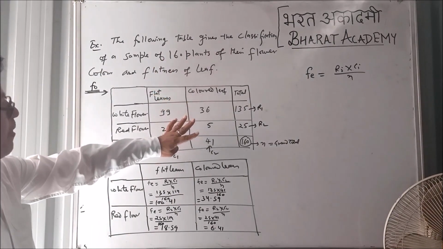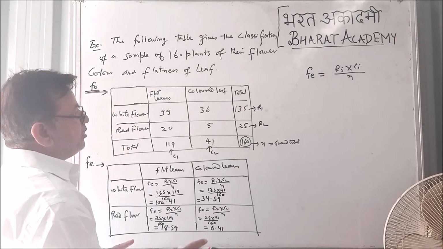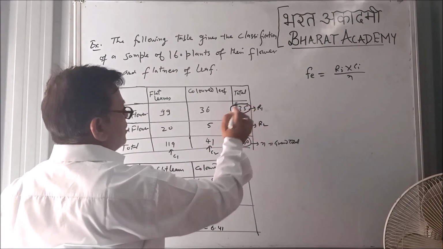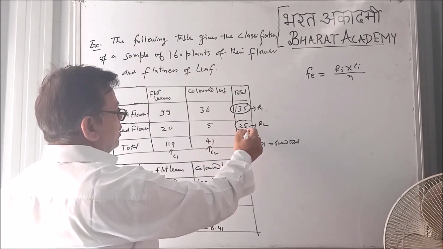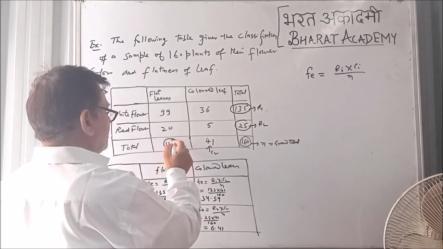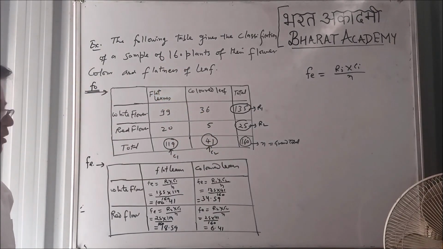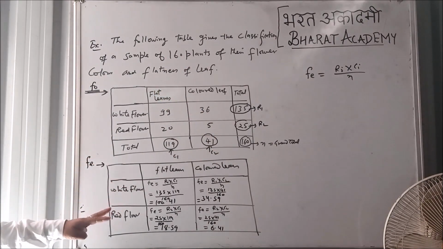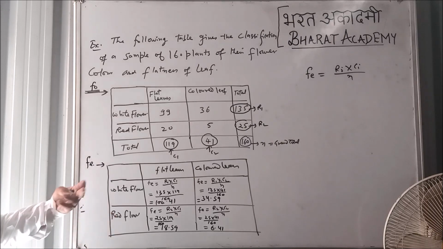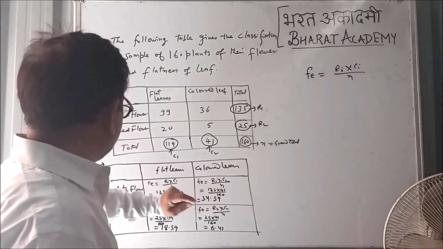From this table, it's quite clear what the values of R1, R2, C1, C2 are. R1 means total of first row, R2 means total of second row, C1 means total of first column, and C2 means total of second column. And n is the grand total, here in this case 160.